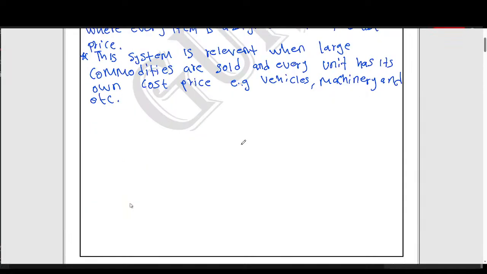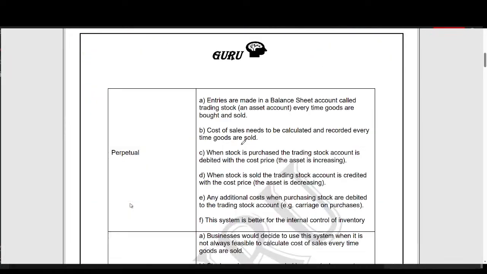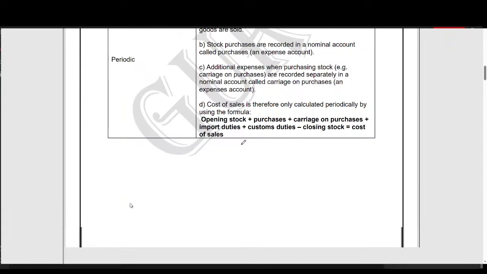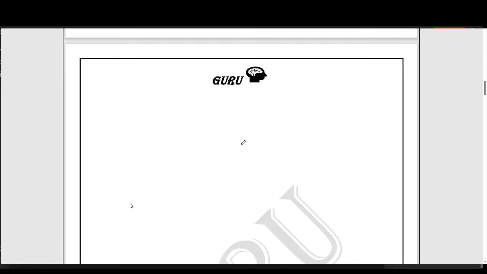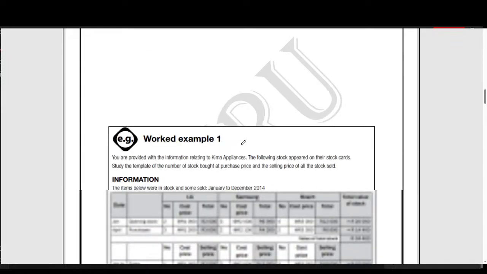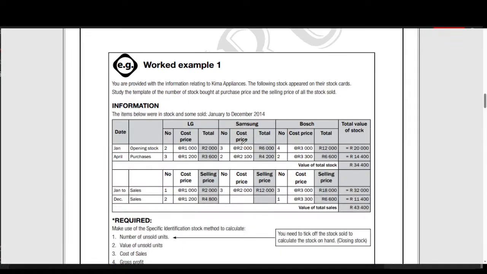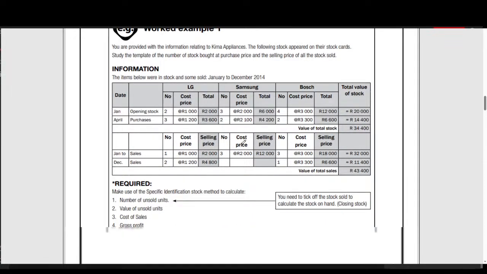I'll just leave this one; it's talking about perpetual and periodic. Specific was supposed to be written here, but it's fine. So this is the example that we are going to use to calculate the value of closing stock, I mean the number of units unsold, the value of unsold units, the cost of sales, and the gross profit.